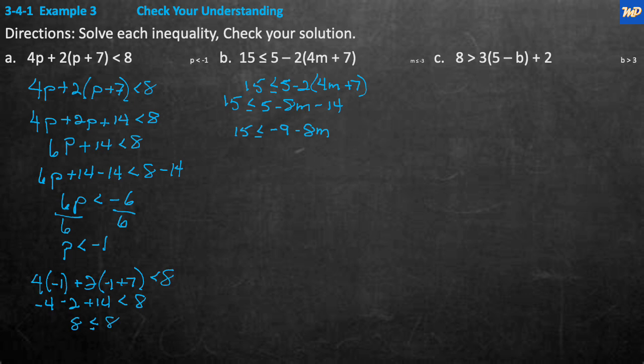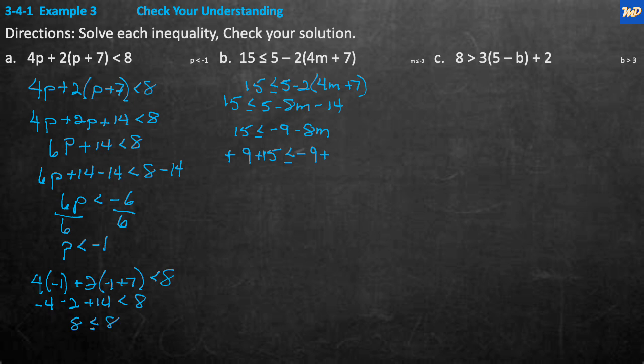So we're going to move the negative 9 to the other side. So we have negative 9 plus 15 is less than or equal to negative 9 plus, oh, sorry. I have to get rid of the negative 9 and make that a positive. Excuse me. I just caught my mistake there. We have to multiply both sides by, not multiply, add positive 9 to clear the negative 9.